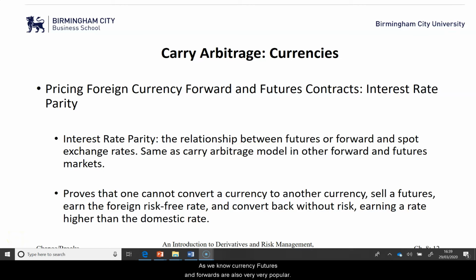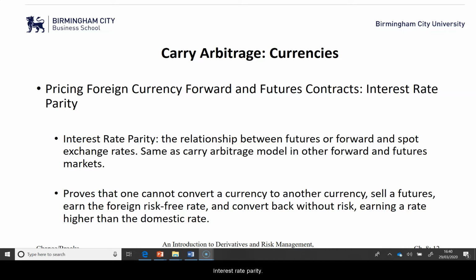As we know, currency futures and forwards are also very popular. And we learn here how to price a currency forward or future. The underlying concept here is the interest rate parity.